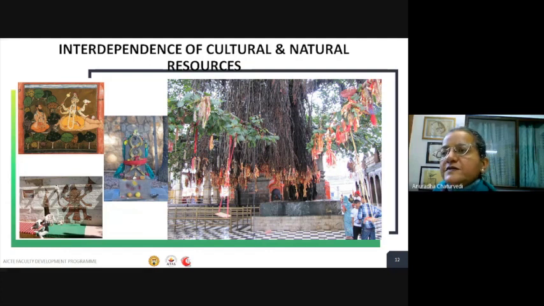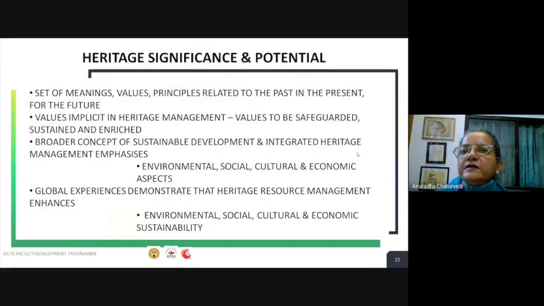So here we can see the link between nature and culture in a very tangible form, which is linked with certain rituals, with certain processional aspects, and which inspires art forms such as the paintings, which you can see, which are a very important aspect of traditional knowledge systems. So, heritage has great significance and potential for achievement of the sustainable development goals.